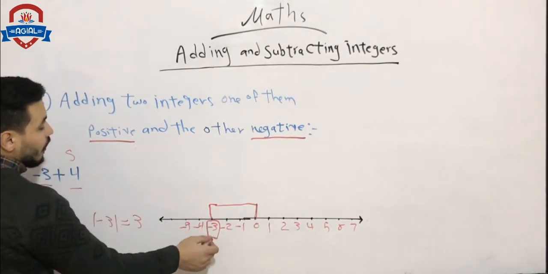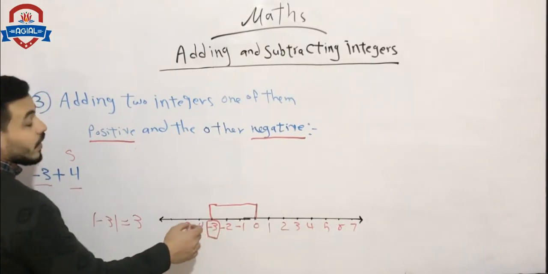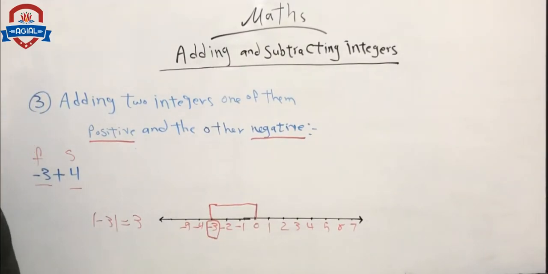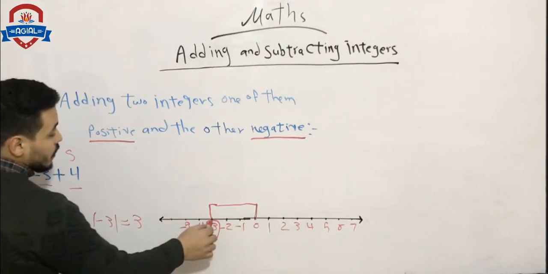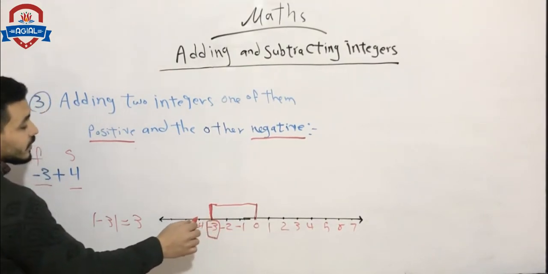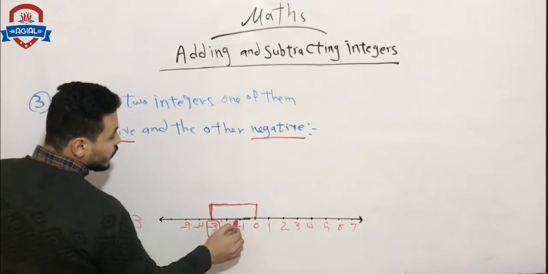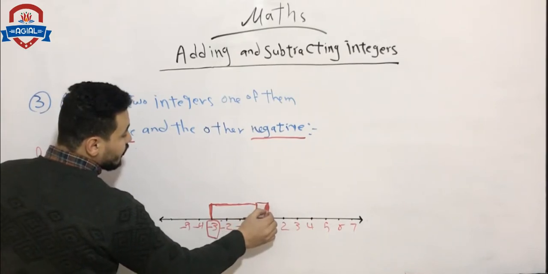Then we move from negative 3 the absolute value of 4 to the right, because the sign of the second number is positive. So after we have negative 3, we move to the right 4 units. 1, 2, 3, and 4.